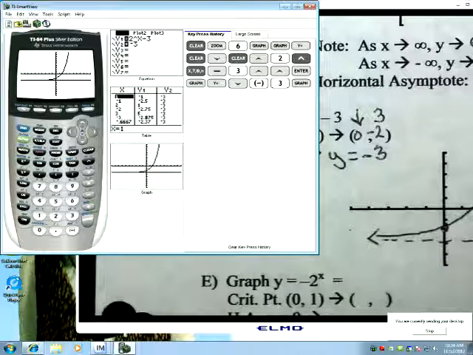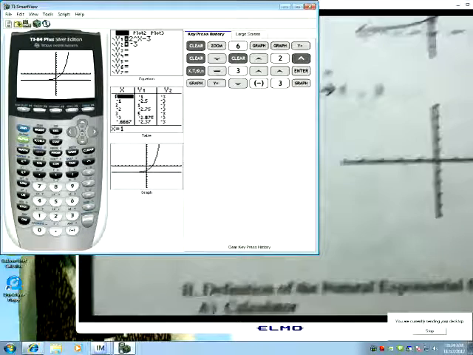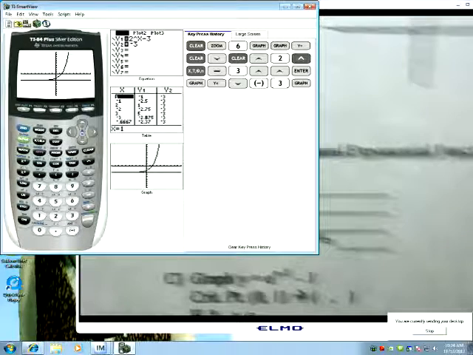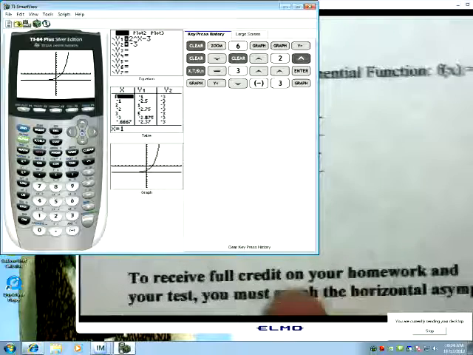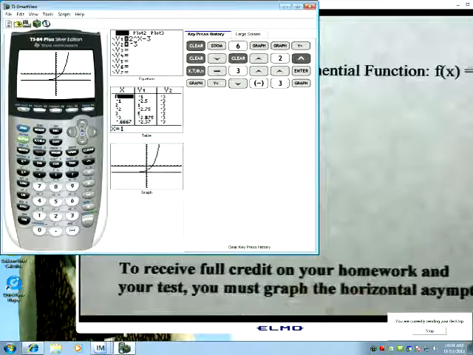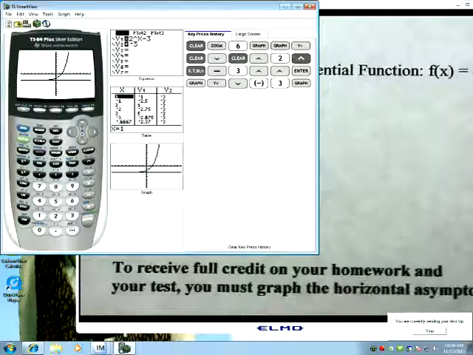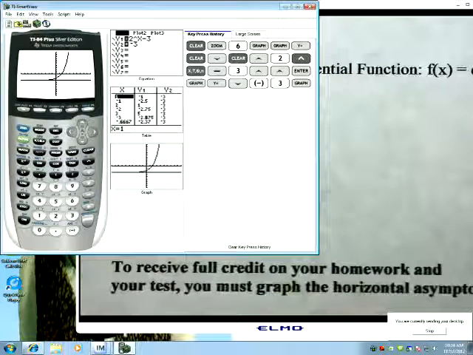To receive full credit on your homework and your test, you must graph the horizontal asymptote. You must show me that you know that graph has a horizontal asymptote and you know what it is.